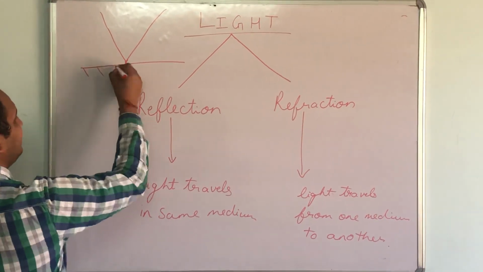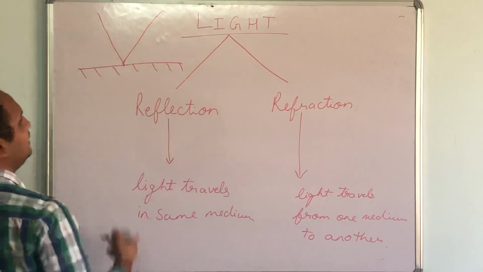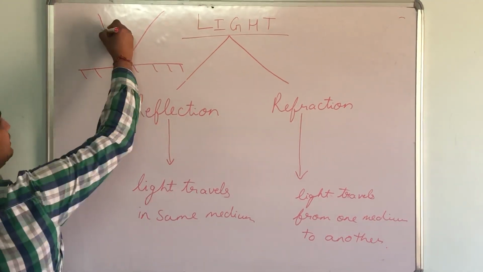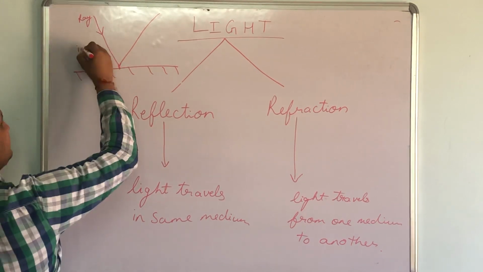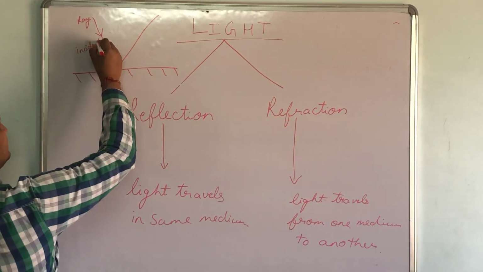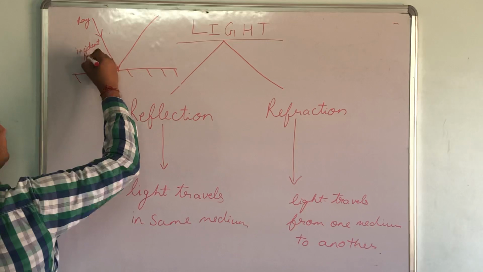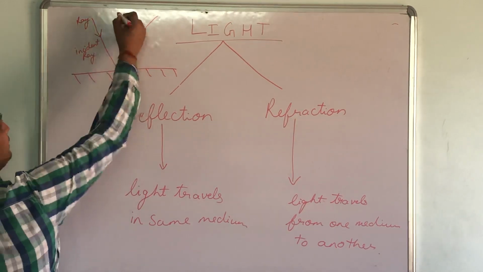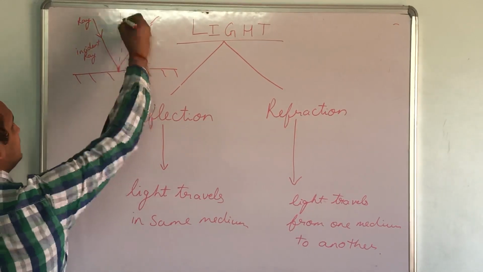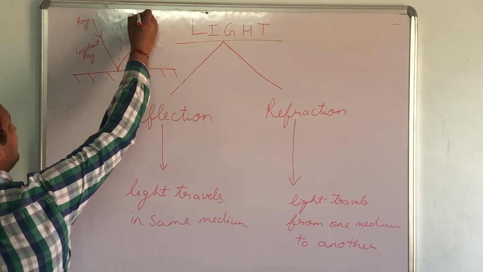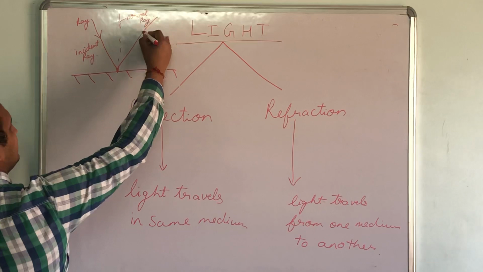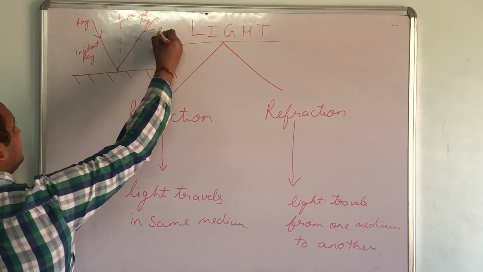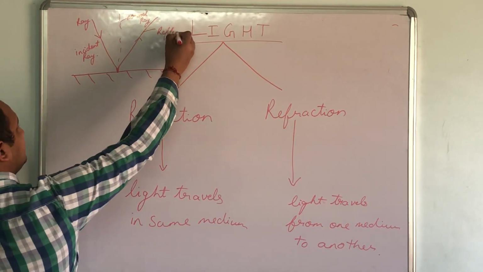Basically, a plane surface. This is a ray of light, or we call it incident ray. Normal ray, which is at an angle of 90 degree. This is reflected ray.